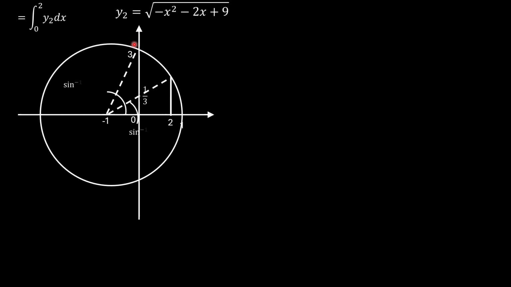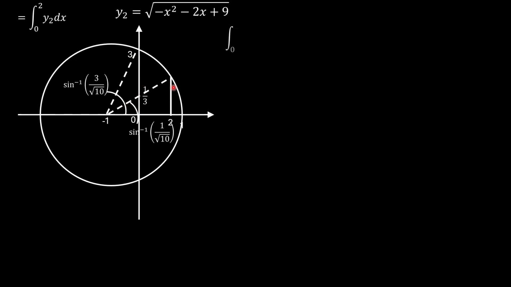For the second integral, we're integrating y2, and we know y2 is the square root of negative x squared minus 2x plus 9, and that is our circle. Since the center is negative 1, 0, we're calculating the area from 0 to 2, and this is the area that we're calculating. That means it involves calculating the area of this trapezium, and then the area of this sector minus the area of this triangle here.